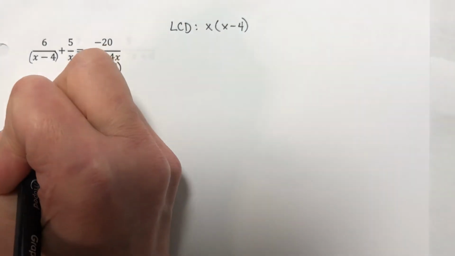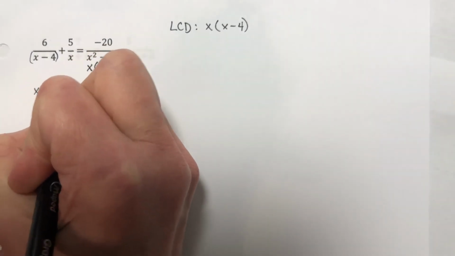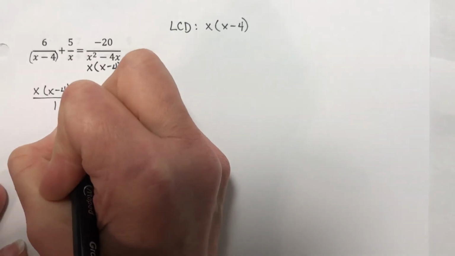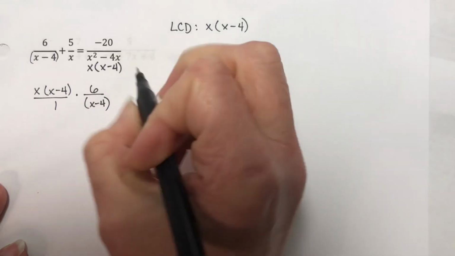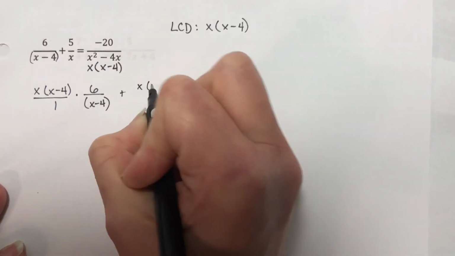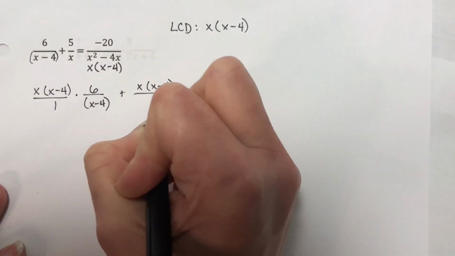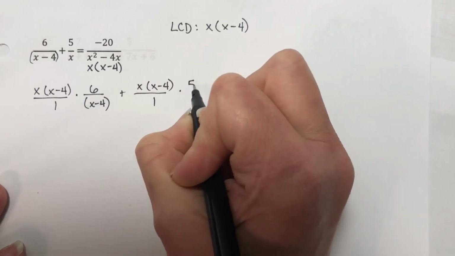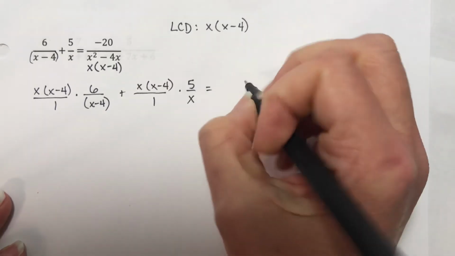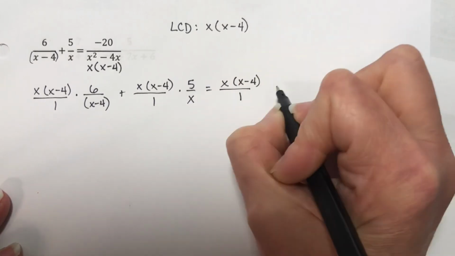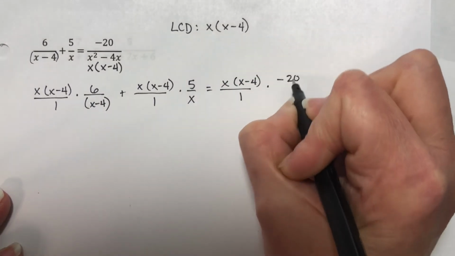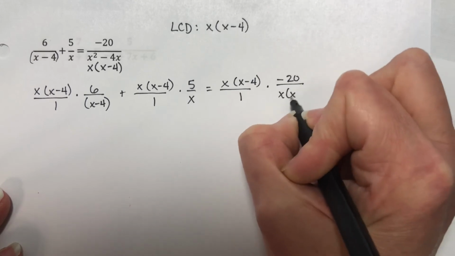So if I do x times x minus 4 over 1 times 6 over x minus 4 plus x times x minus 4 over 1 times 5 over x is equal to x times x minus 4 over 1 times negative 20 over x times x minus 4.